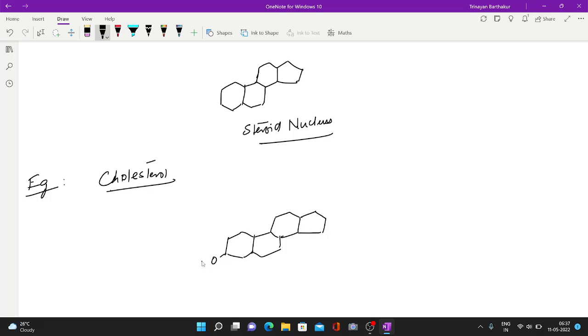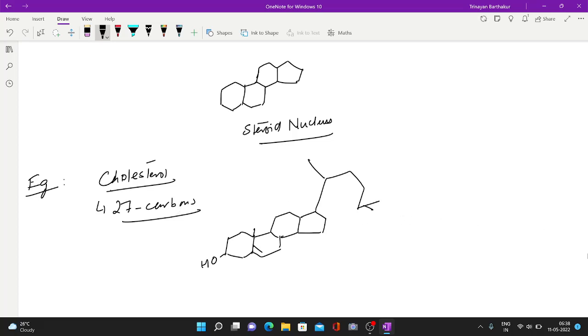For example, you'll have an OH group on one side. On the other side, you're going to have an extension this way. And in between, you're also going to have a double bond somewhere. In total, cholesterol has around 27 carbons. This is the structure of cholesterol.